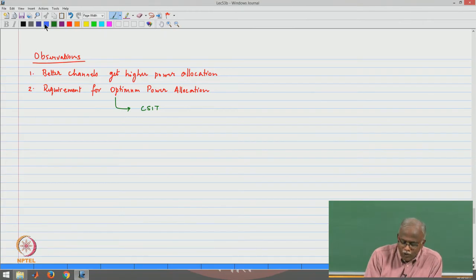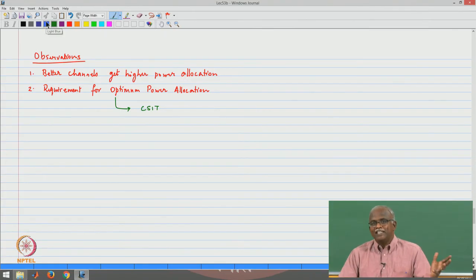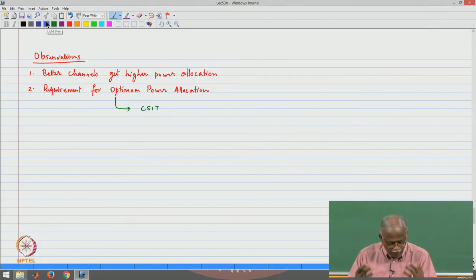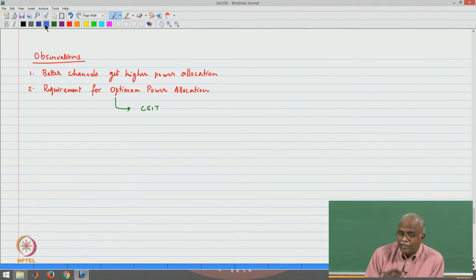So, let us now look at some interesting extreme cases, and again these are useful for us to visualize and understand what these results mean. The first one is, we look at the case where it is low SNR.